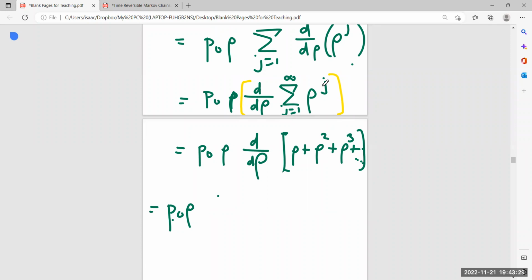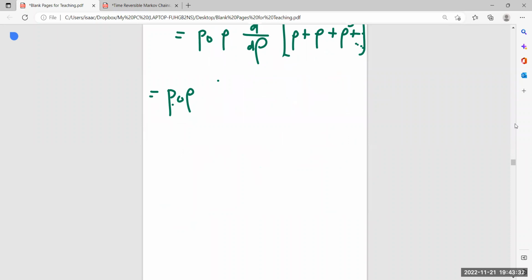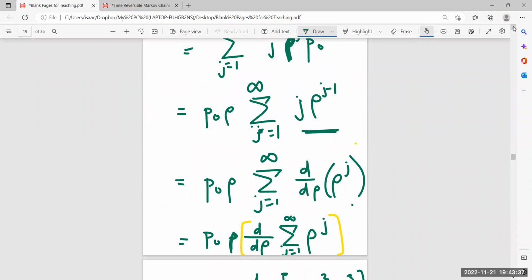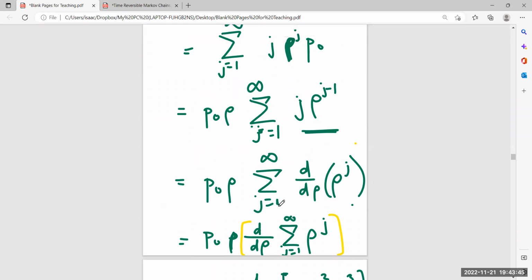Taking it back to the equals, before you change anything, you pull out the differential. I'll leave it at 0. Let me make sure.